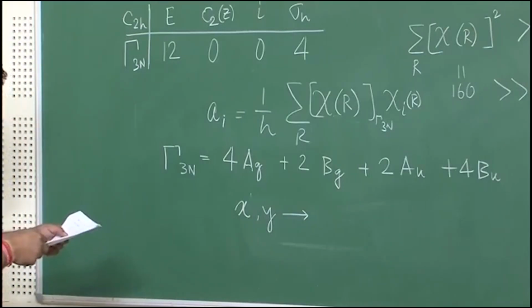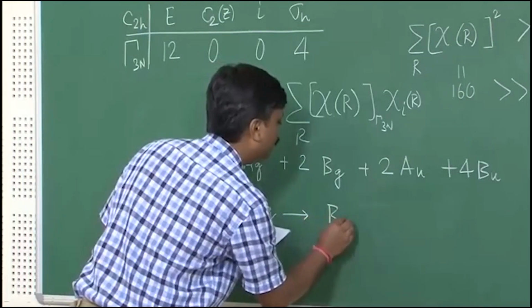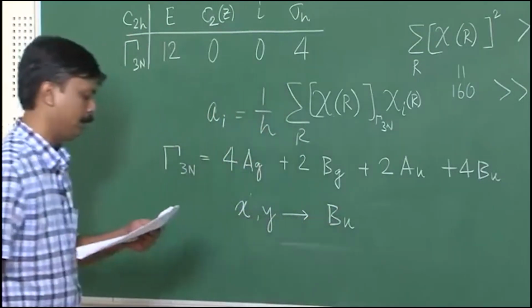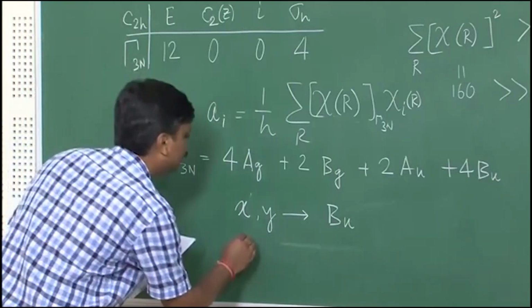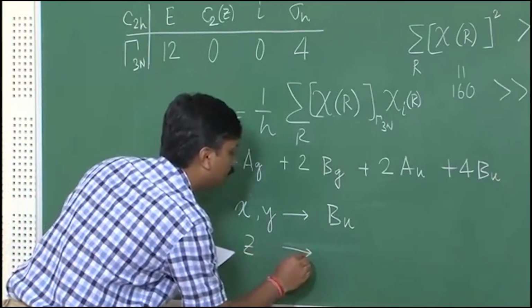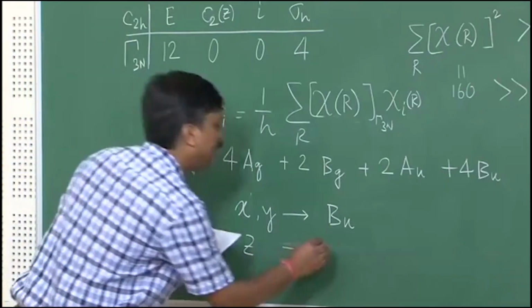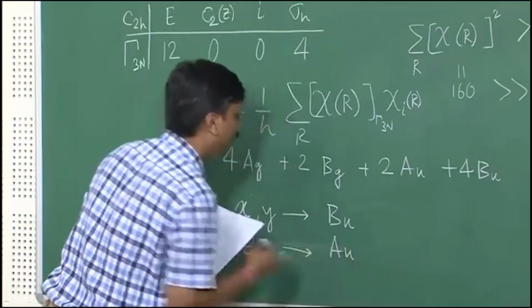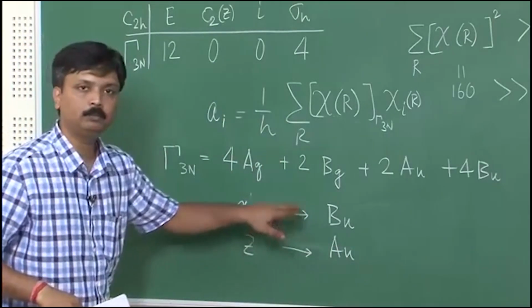Now both x and y, they transform as the Bu representation for C2h, okay, and z transforms as Au representation, okay. So x transforms as Bu, y also transforms as Bu.